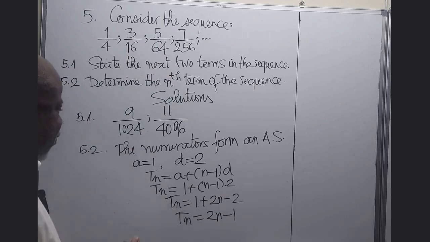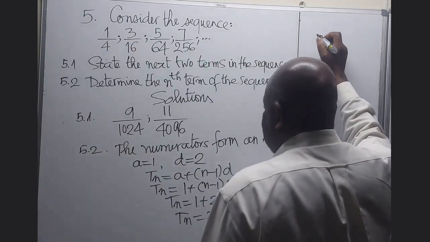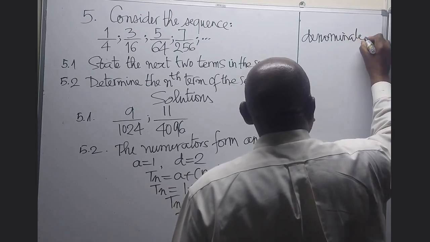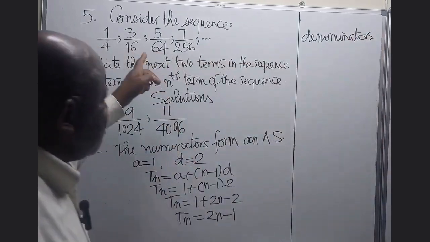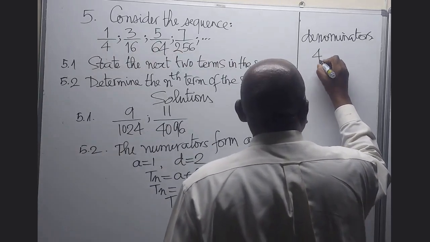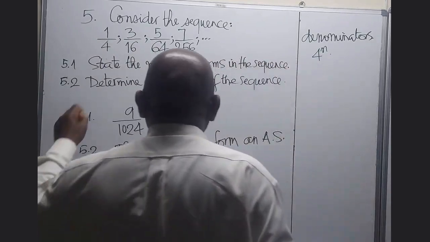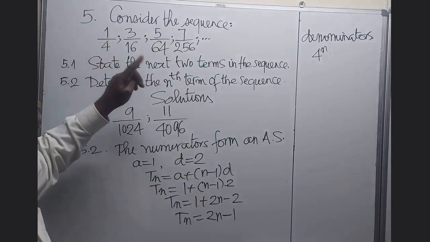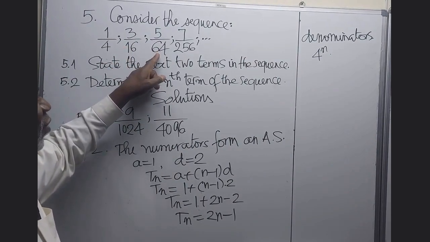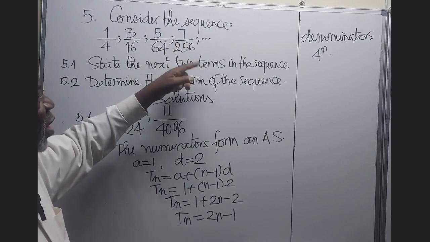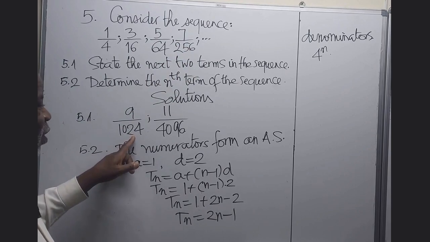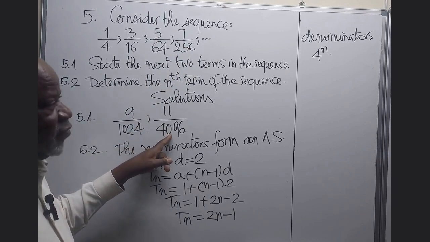Now for the denominators, as you can see, the denominators are powers of 4, so we have 4 to the power of n. If n is 1, we get 4. If n is 2, we get 16. If n is 3, we get 64. If n is 4, we get 256. That's why the next terms have 4 to the power of 5 and 4 to the power of 6.